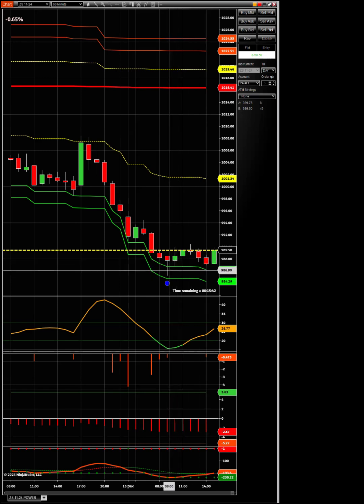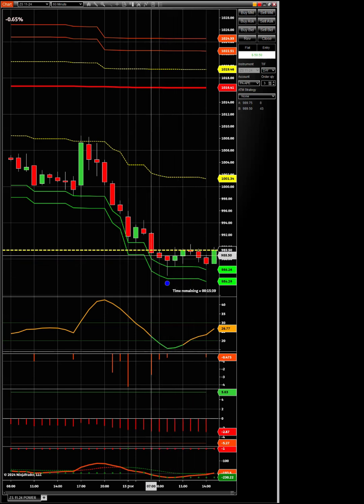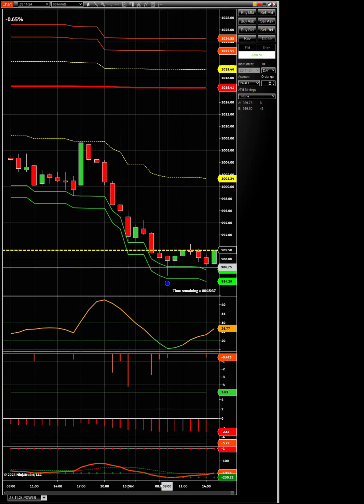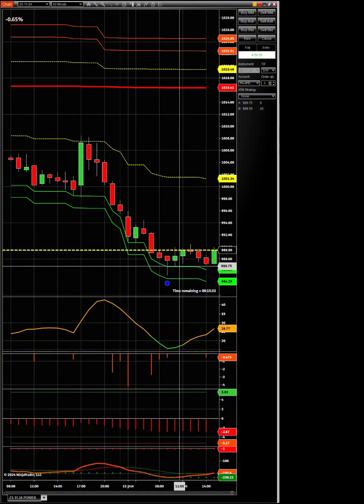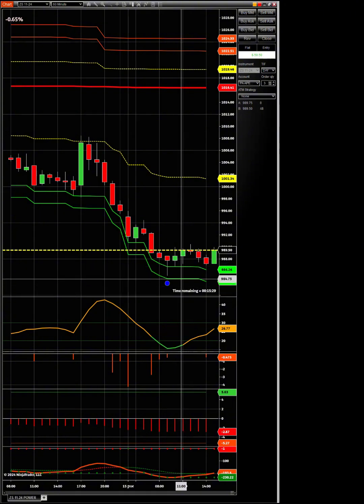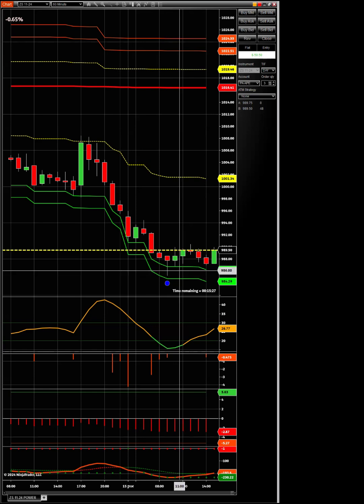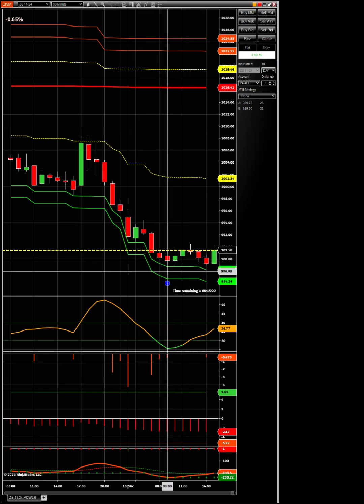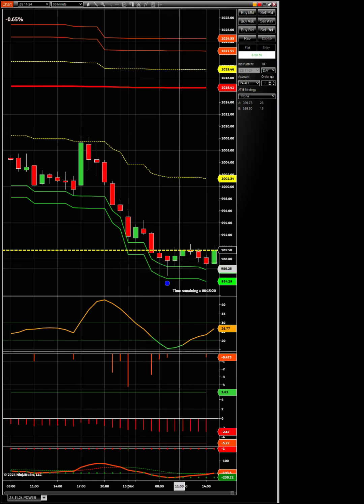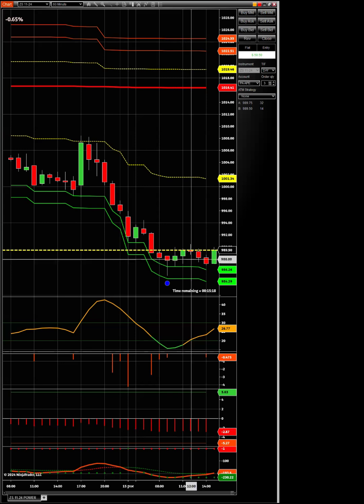Sometimes, as you see, it's going straight. It's not going down straight. It means that the power of the downside is very weak, so we can take advantage of this and go long. You see the next candle also touched the band and went up.